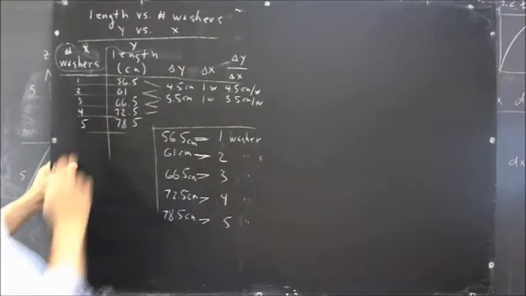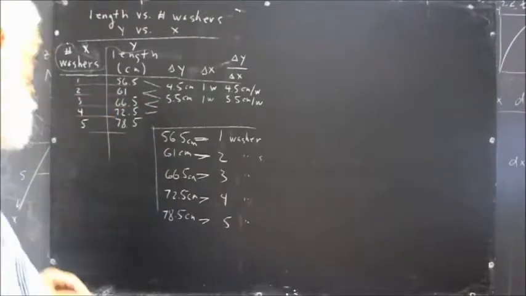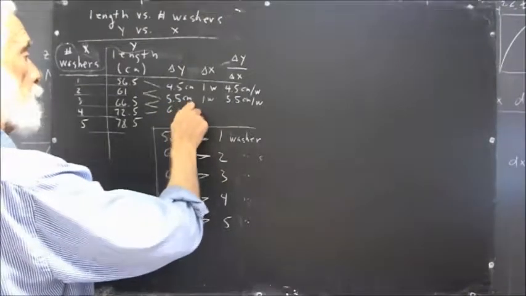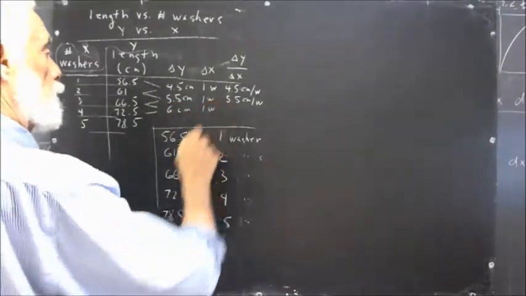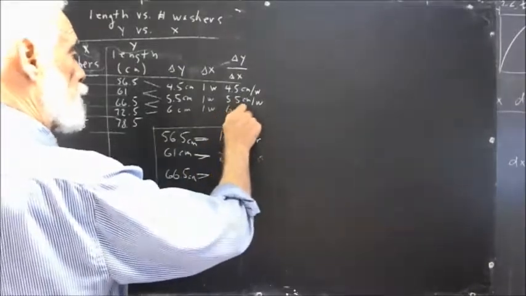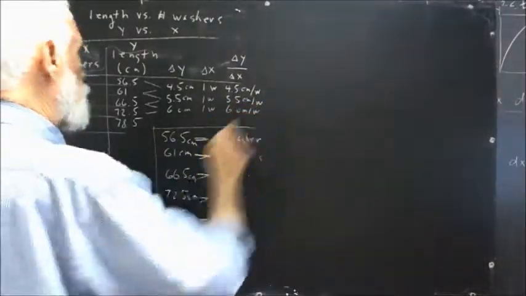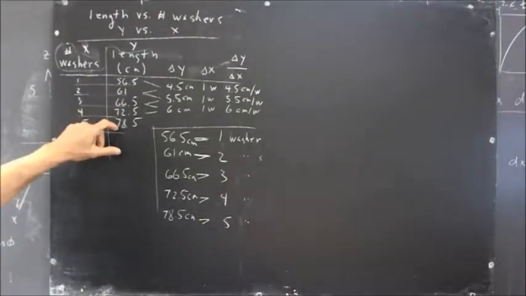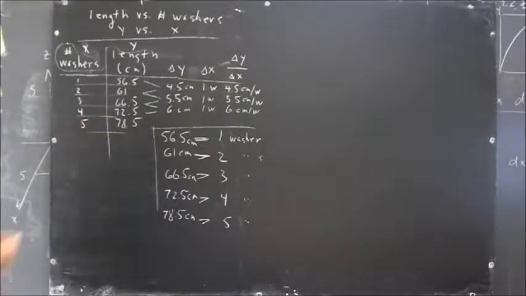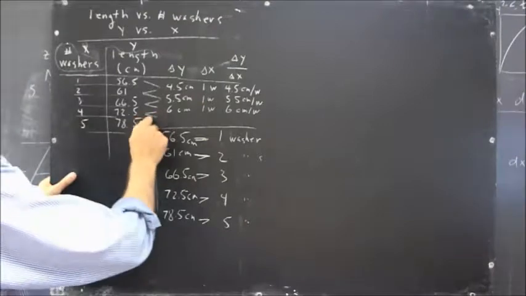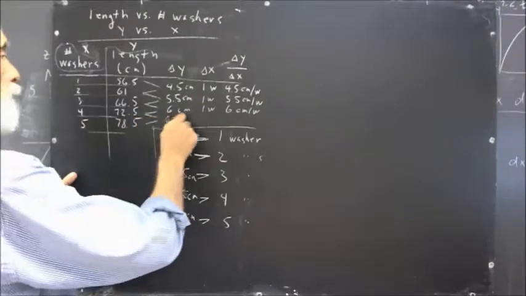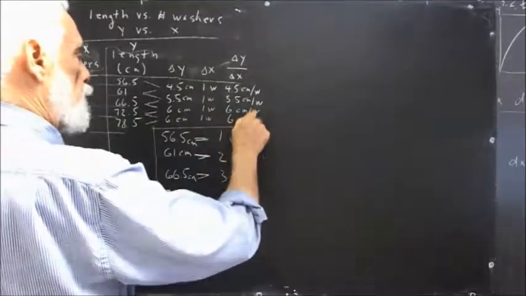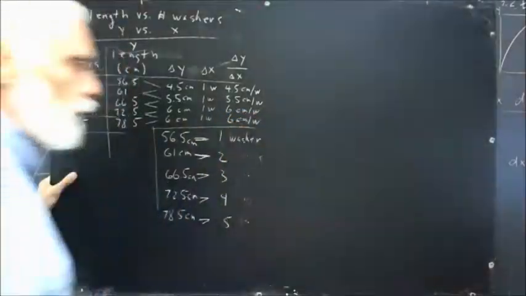Here it looks like we have a delta y of 6 centimeters. Delta x is still 1 washer, so now we got 6 centimeters per washer. And finally down here, between 72.5 and 78.5, the rise, delta y, is again 6 centimeters with 1 washer. So we get 6 centimeters per washer.